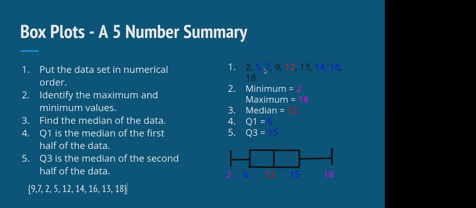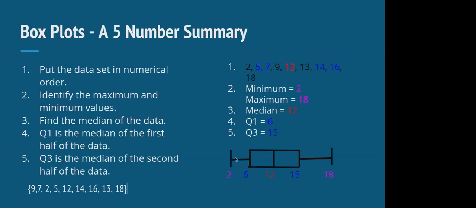So 5 plus 7 gave 12. 12 divided by 2 gave 6. So that's the median of the front, or the lower end of the data. And then we do the same thing on the back side. There are 4 numbers. So we add 14 and 16, we get 30. And when we divide it by 2, we get 15.